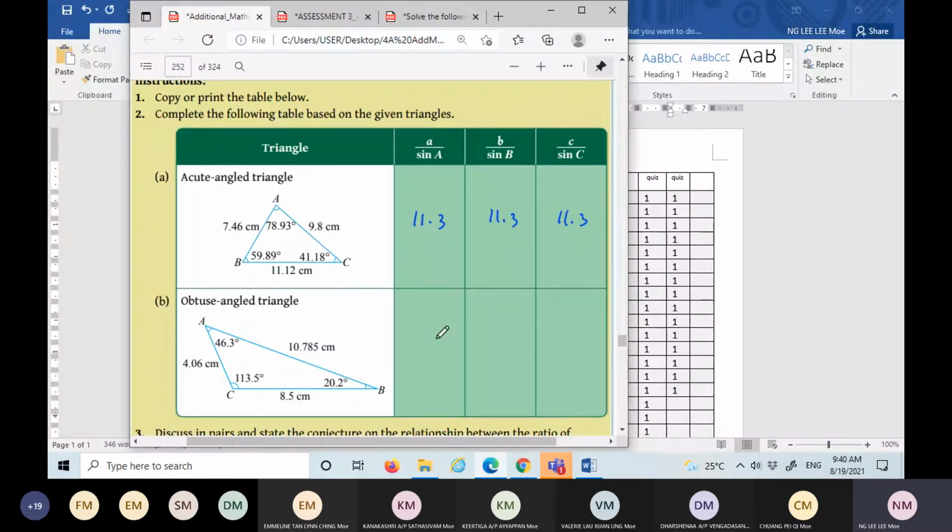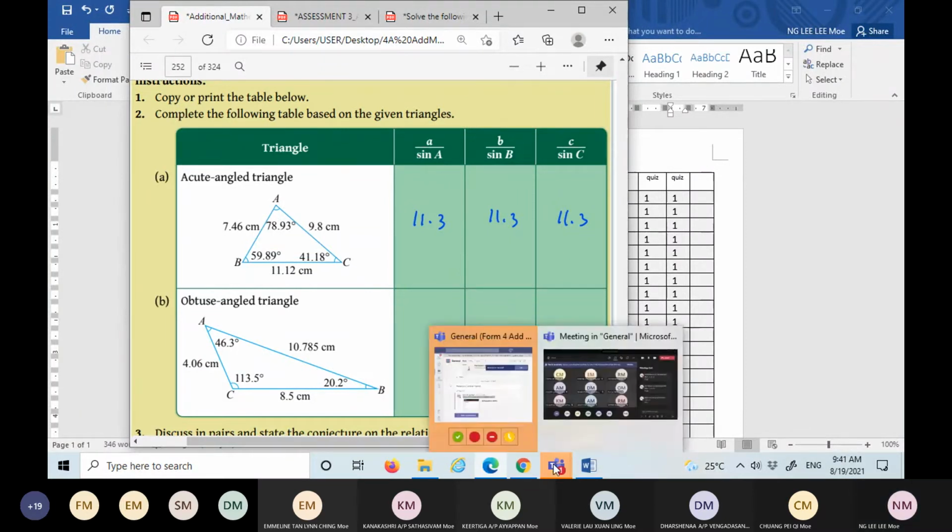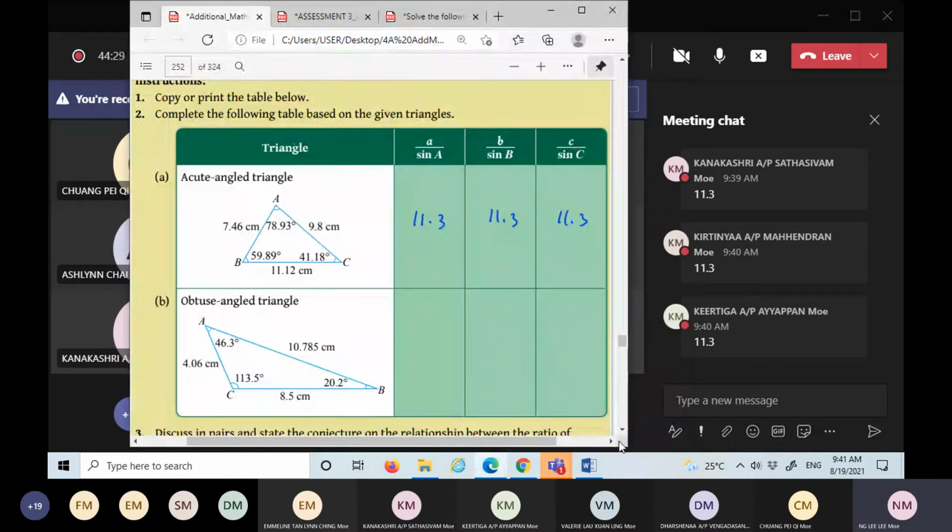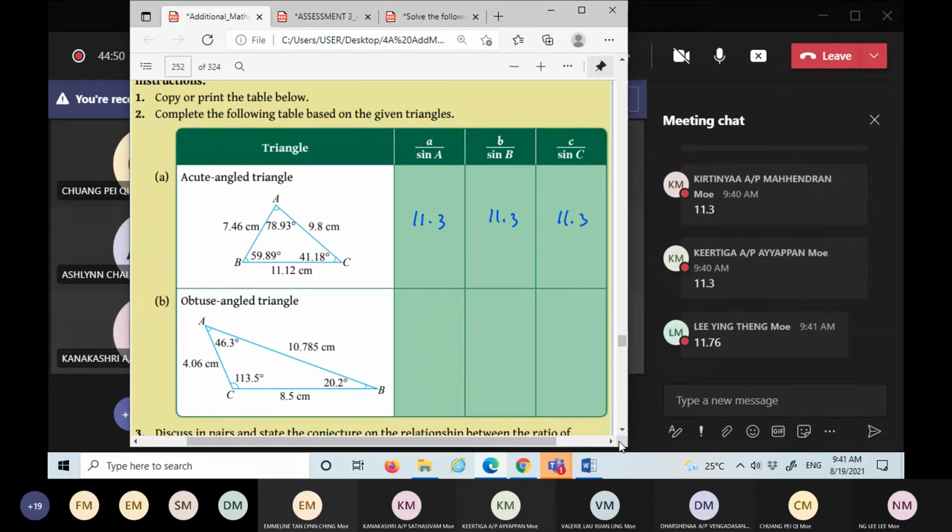Please help me with 2B. Yinteng says 11.76.